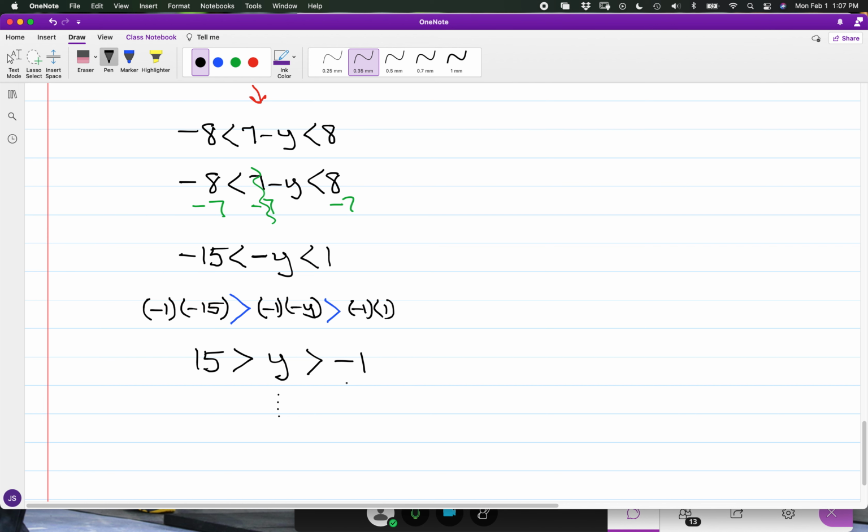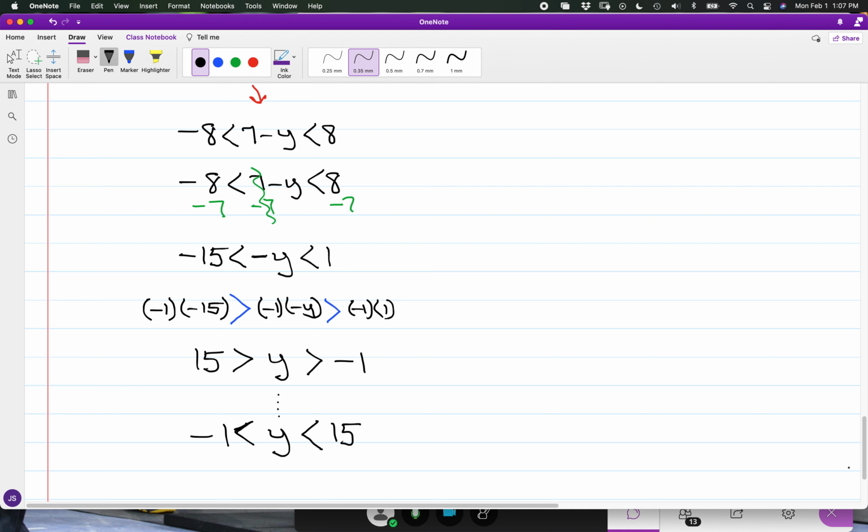At the smallest end, y is greater than negative 1. This is the same as negative 1 is less than y. And at the upper end, to say 15 is greater than y is the same as y is less than 15.